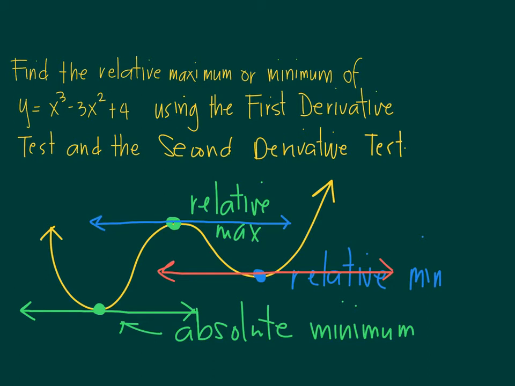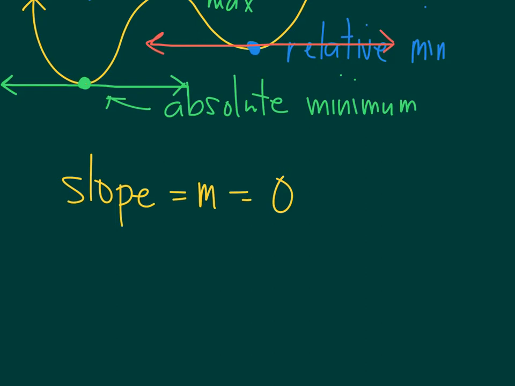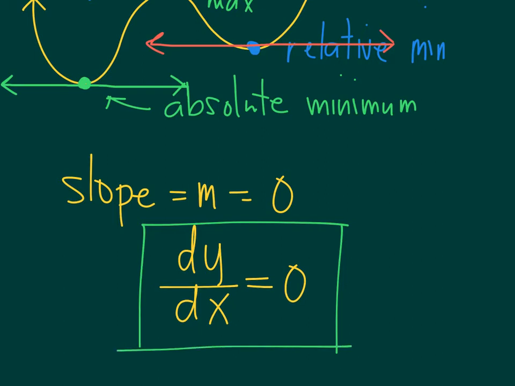That's a very important idea to note. The m will be the slope of those tangent lines. The m will be equal to 0. And again, we said earlier that the slope is the derivative of the curve at a given point. So this will be used every time we look for maximum or minimum. We want to find what values make the derivative equal to 0.